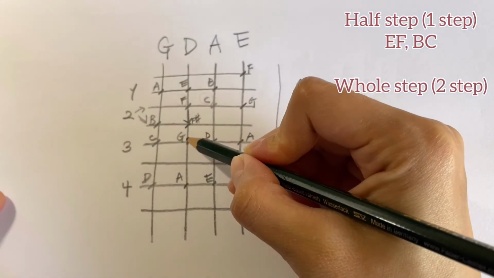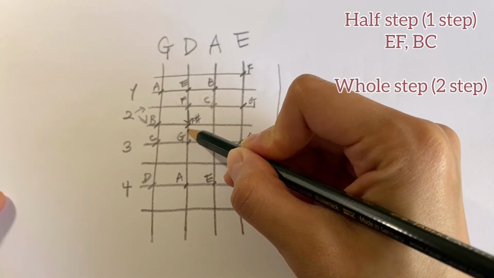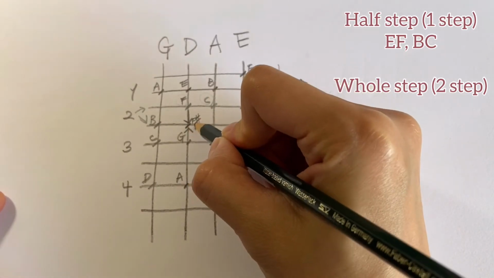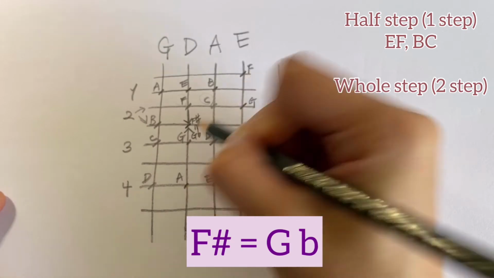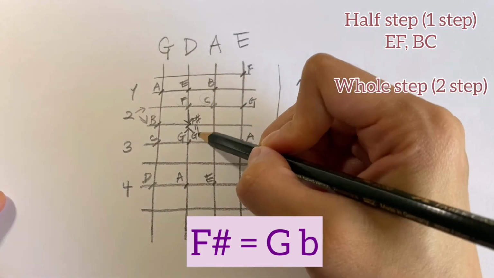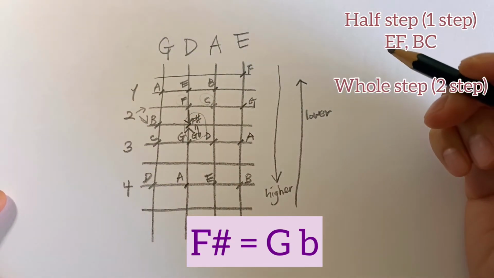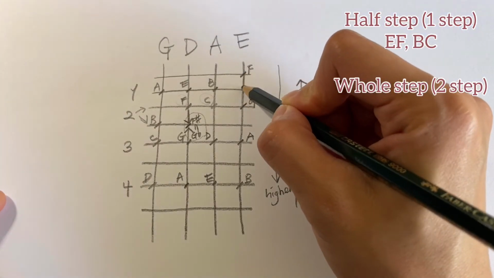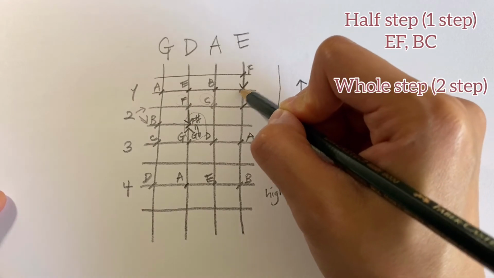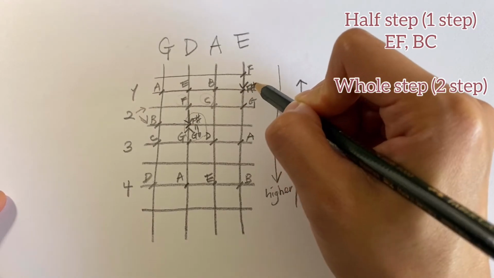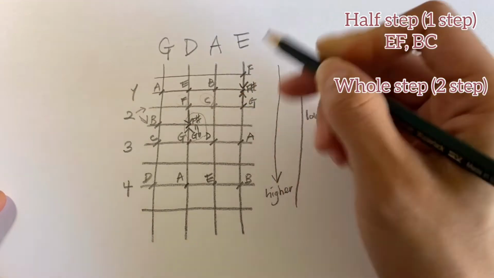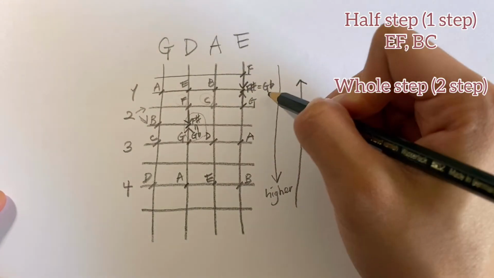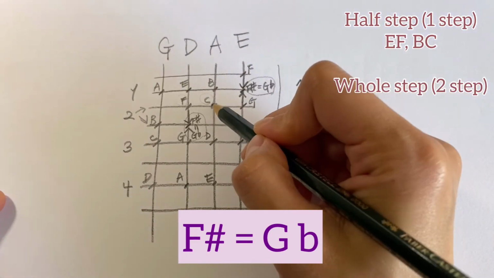Same as a half step lower from G is G flat, which is the same as F sharp. Basically, F sharp and G flat are the same. Here again, a half step higher from F is F sharp. Also, a half step lower from G is G flat. F sharp and G flat are the same.